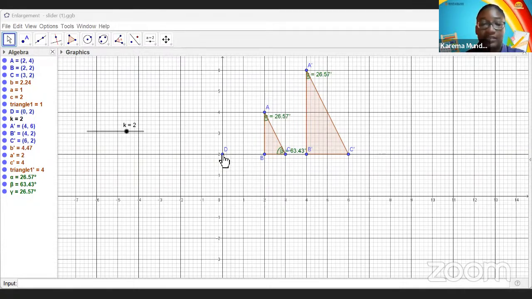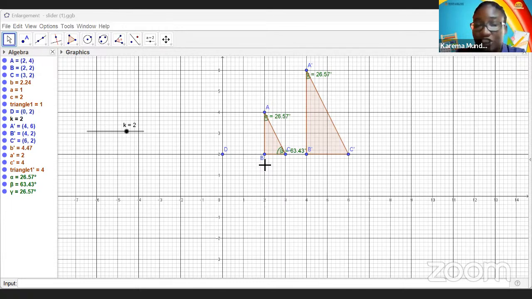Dani is saying 2 units. Do you agree? Do you disagree? Let me know in the chat if you're agreeing with Dani or if you have another answer. Abigail is saying she agrees. So the distance DB is 2 units.